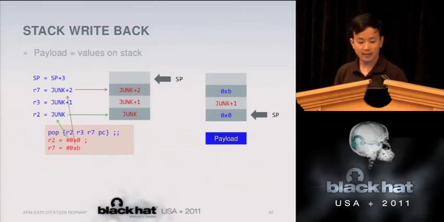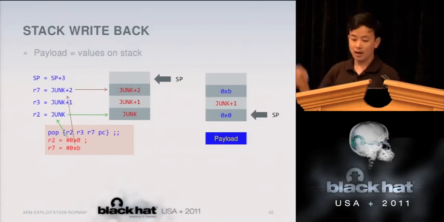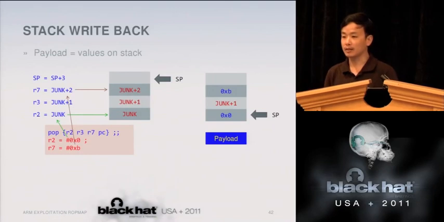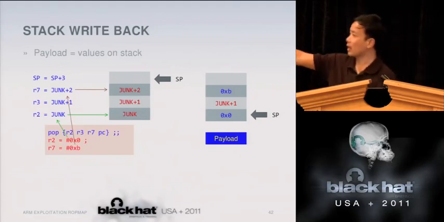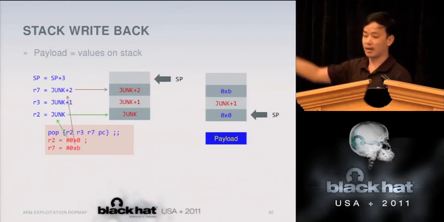We map back R7 is /bin/sh, so junk plus 2, or the third position on the stack, must be /bin/sh. The rest we don't care about, we fill with junk values. So the final payload we have on the stack is 0, junk, and /bin/sh.